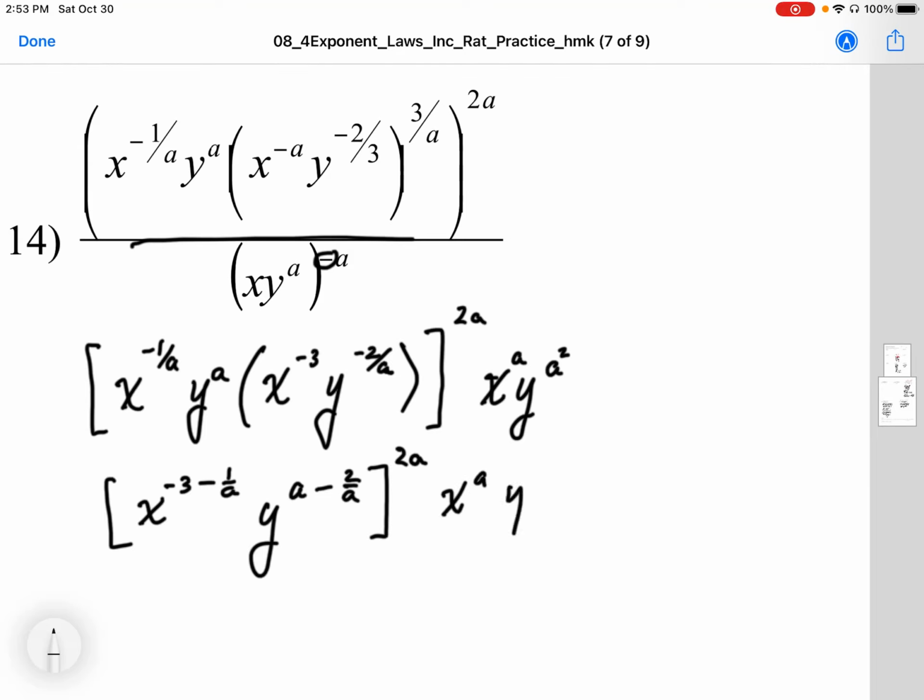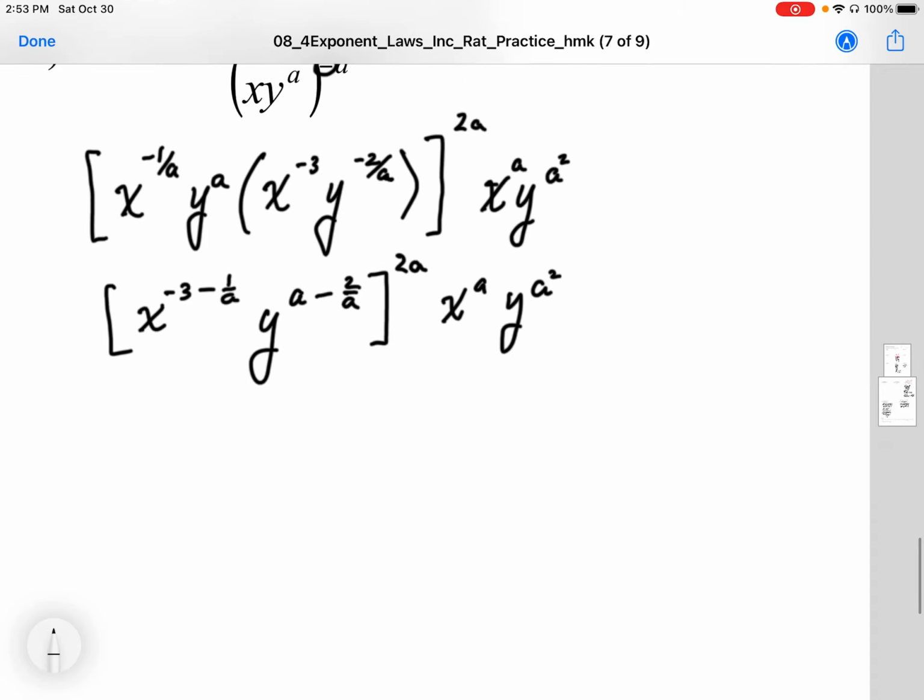And then x to the a, y to the a squared. Okay, so then I'm going to apply that power 2a into the brackets. So I end up with x, that becomes -6a power to power. Then we have to apply that power to the -1 over a. The a's cancel out, and we end up with -2.